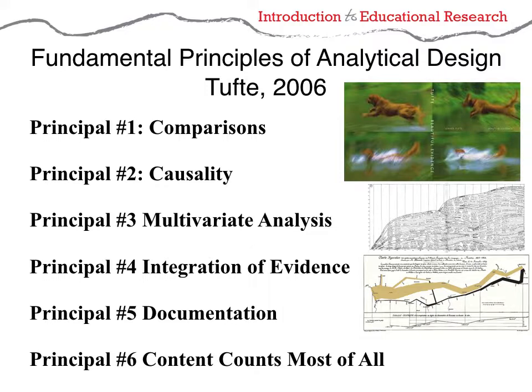Okay, so let's just run through these. I put the chapter from the text from 2006, Beautiful Evidence, that's on these principles of analytical design in your module, as well as a pretty nice size rendering of the Minard graph at the bottom corner there.